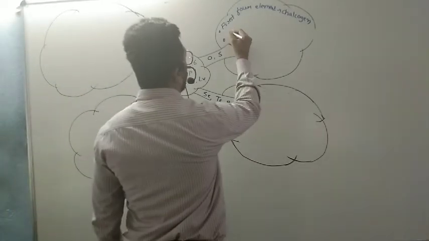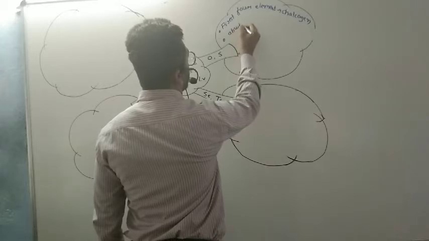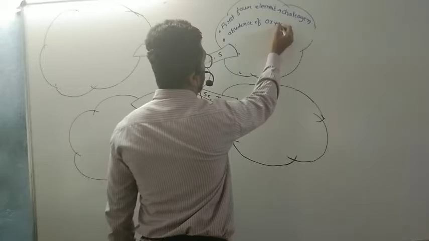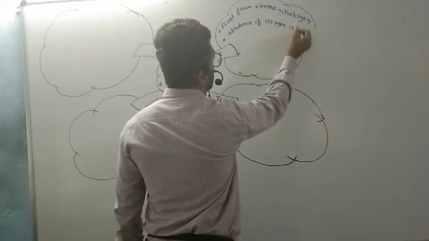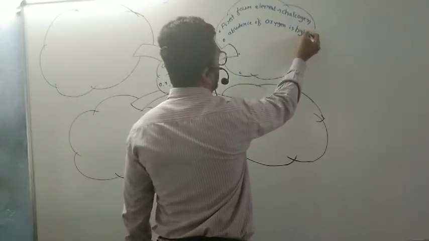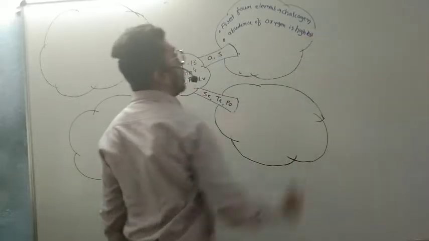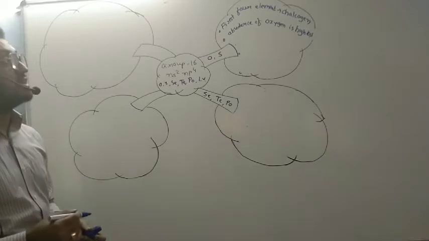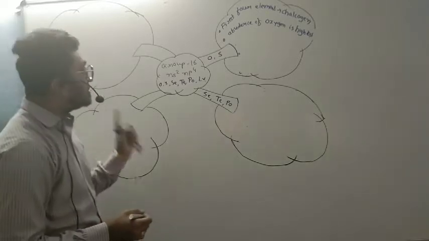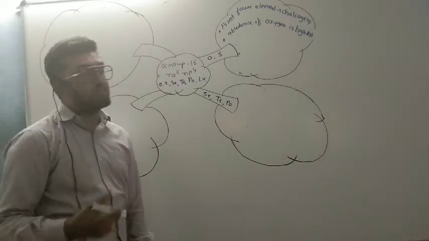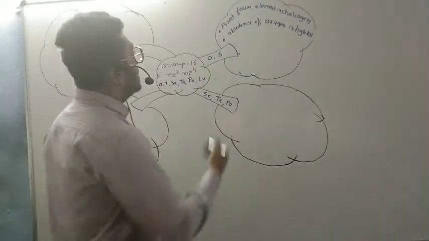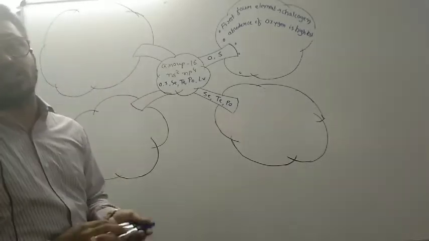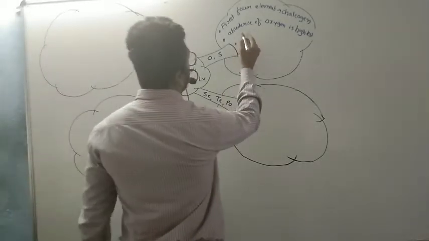Now, the abundance of oxygen is the highest among all the elements of this group. So the abundance of oxygen is highest when we compare it with sulfur, selenium, tellurium, polonium, or livermorium. How much is the proportion?